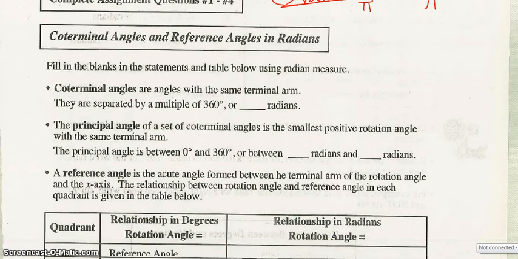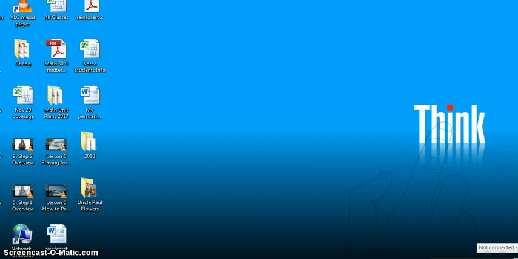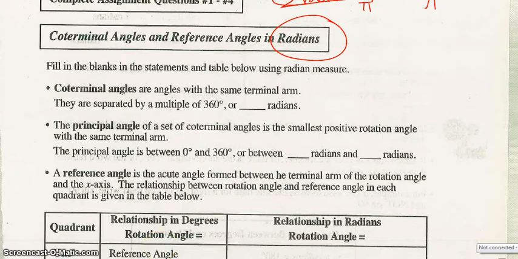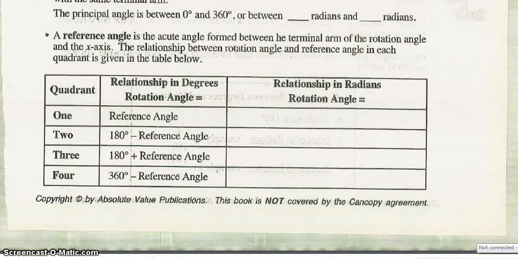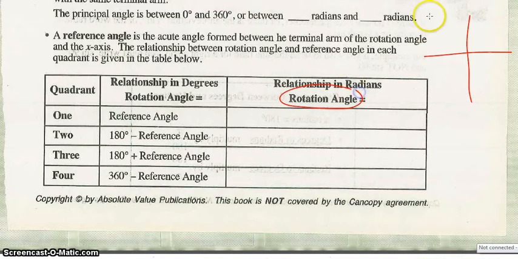Okay, so all these concepts, coterminal angle, principal angle, reference angle, but now doing it in terms of radian. So we have completed this table, right? Maybe I can do it again. They want to find out the rotation angle. Given the reference angle, it is the same.